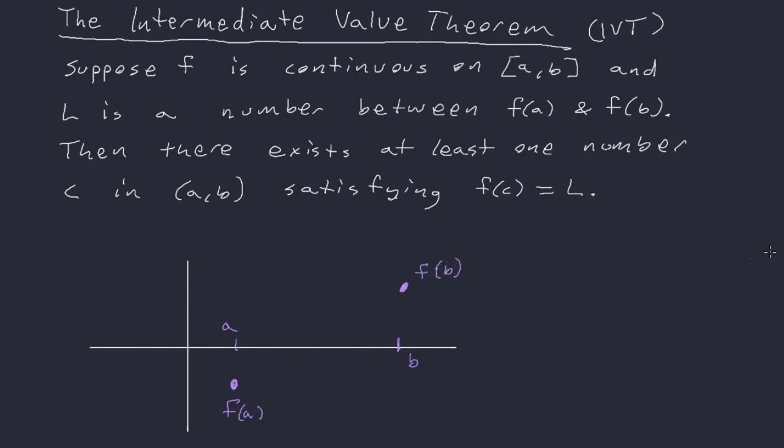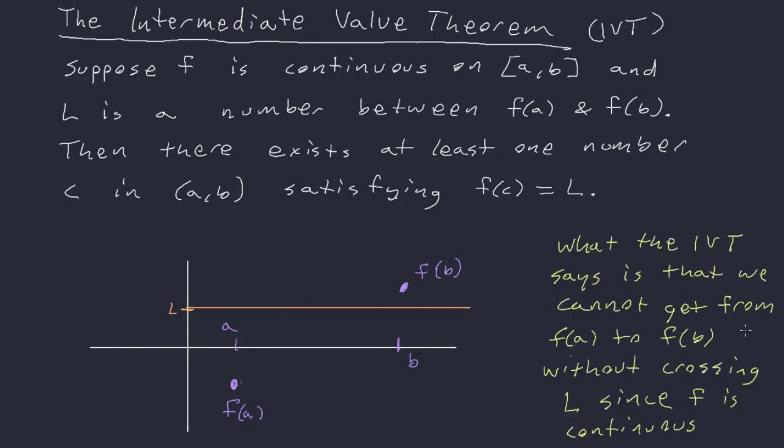Now, let's suppose the L that I'm looking for between these two y values is here. Okay? Now, what this theorem is saying is that since f is continuous, there is no way we can get from f of a to f of b without crossing L.